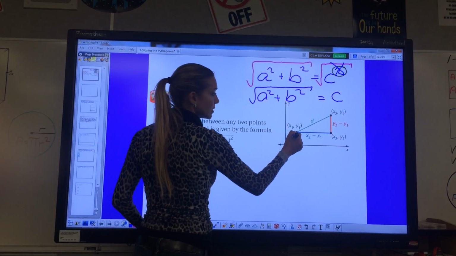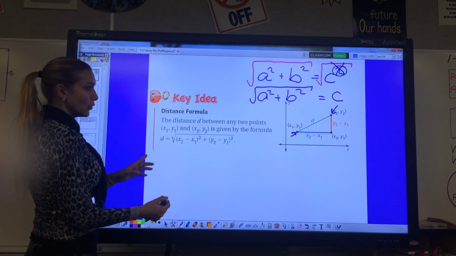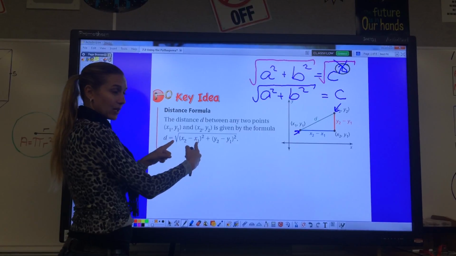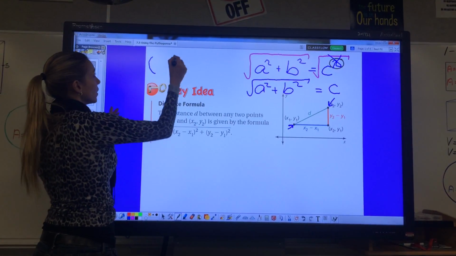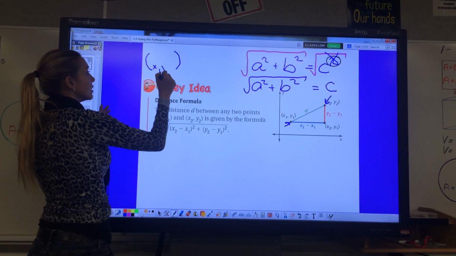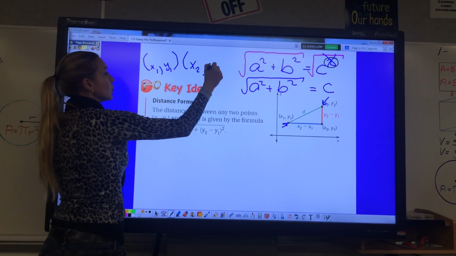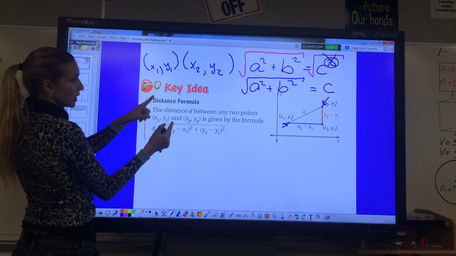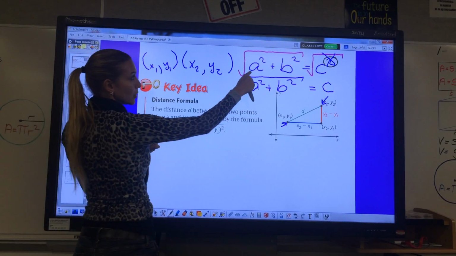Let's say I went from this point to that point. When I say A, I'm literally talking about the A's. Do you remember when we had our coordinate points? We had x1, y1, then we had x2 and y2. We're going to be looking at the difference between the x coordinates, and remember that's a squared.